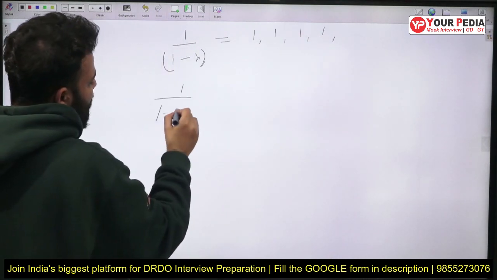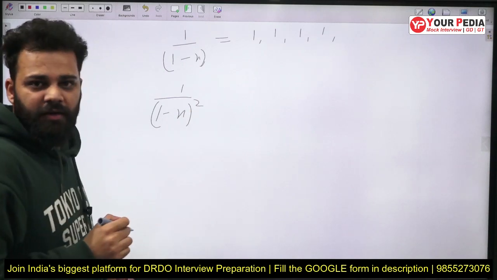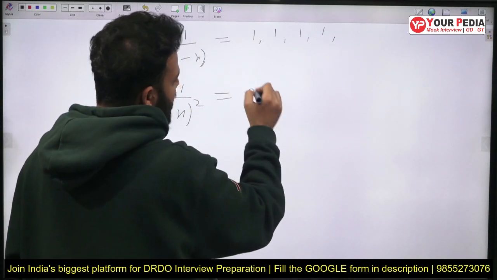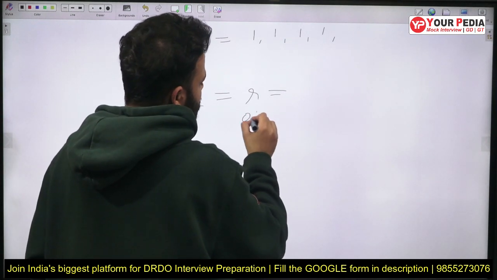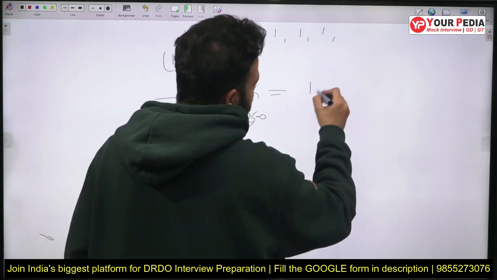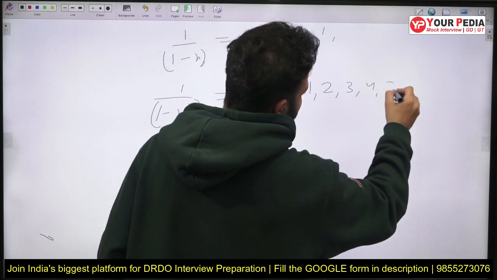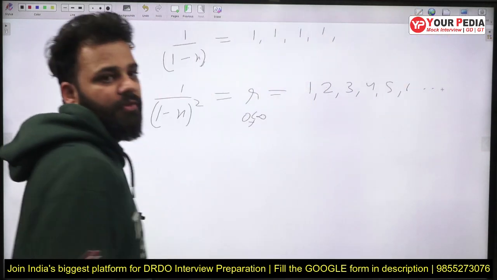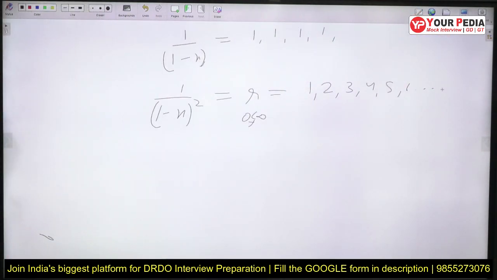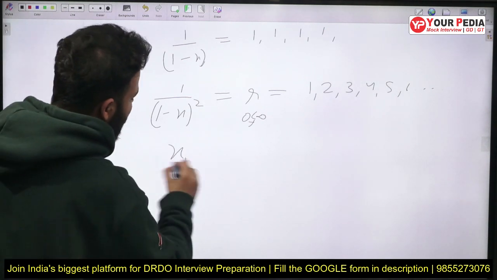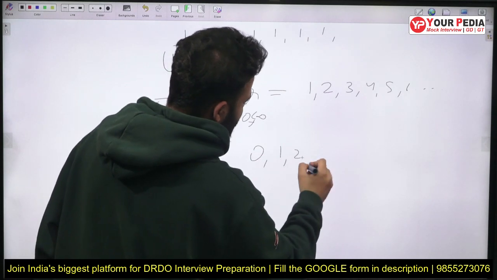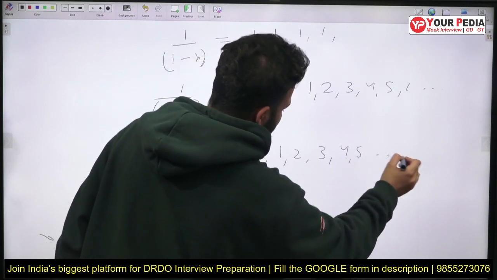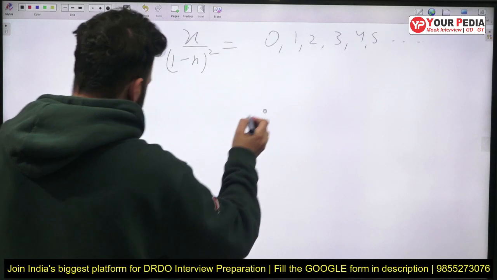When you do 1 by 1 minus x whole square, it will give you r, the numeric value r, and r will range from 0 to infinity. So the sequence will be 1 2 3 4 5 6 and so on. Now let's say that you put x here. So it will start from 0, 1, 2, 3, 4, 5, 6 and so on.